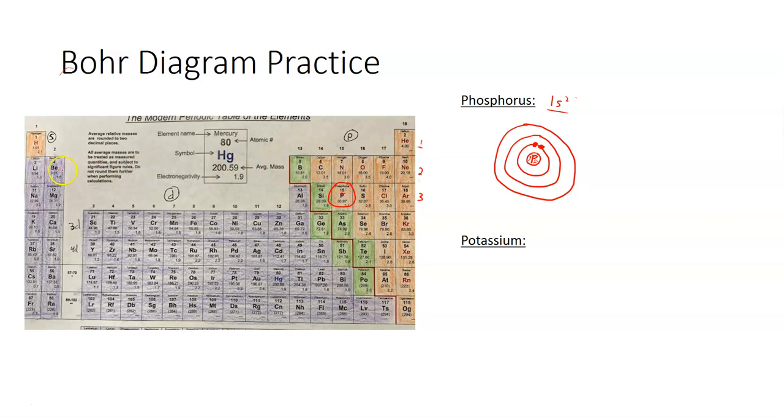So there's 1, 2, 3, 4, 5, 6, 7, 8 electrons, right? So typically what I'm going to do just to illustrate is I'm going to go 1 right there, 2, 3, 4, and spread them out as much as I can, right?